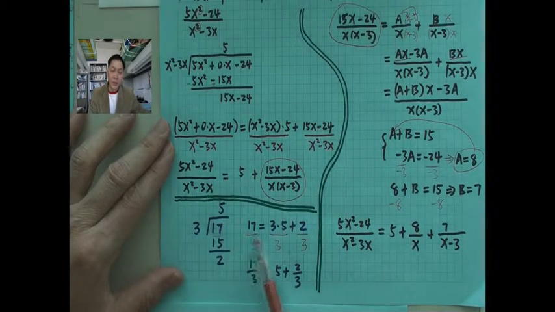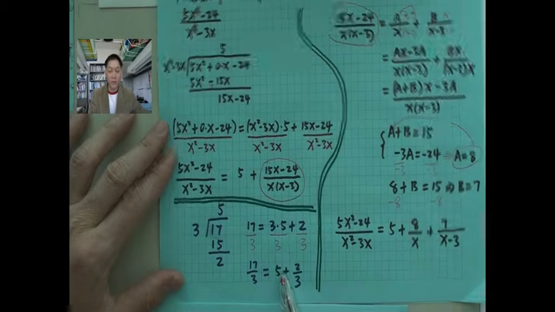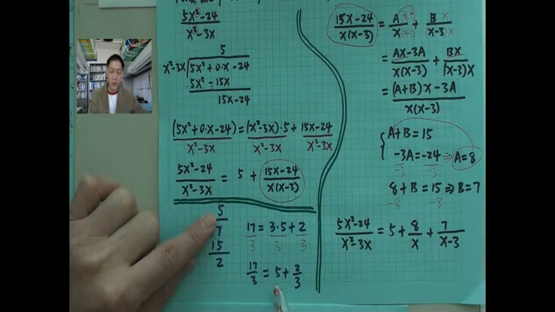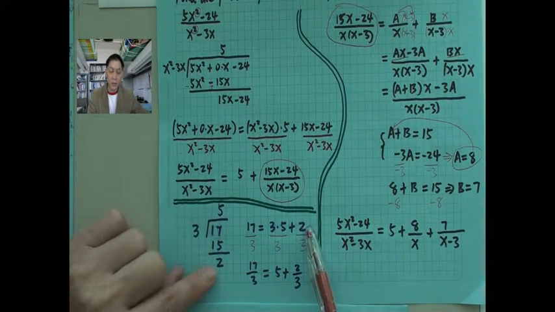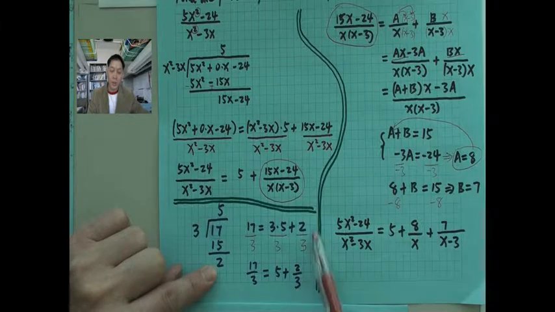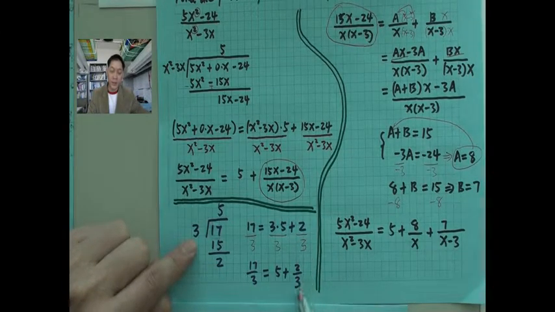17 divided by 3. So both sides divided by 3, you then have 17 divided by 3 equals, the 3s cancel each other, you have a 5, the quotient, plus the remainder 2 over the divisor.